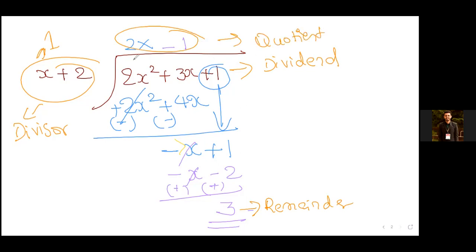Remember these terms. This is the divisor, and the expression which is being divided by the divisor, that is nothing but the dividend, and the term left after division process, that is remainder. Then the answer what we obtained, that is nothing but the quotient.